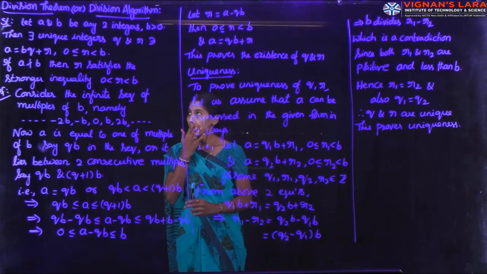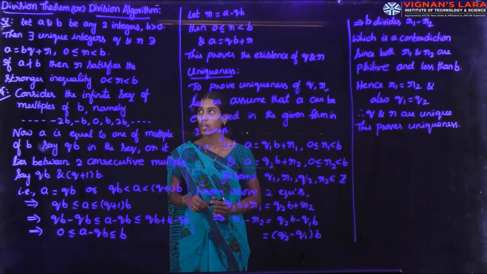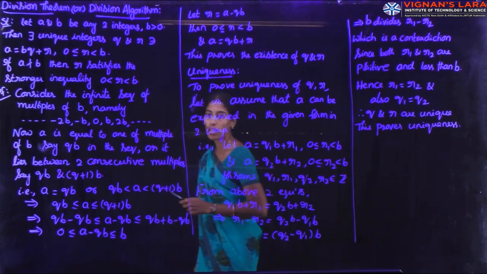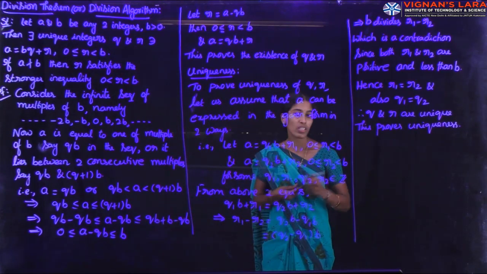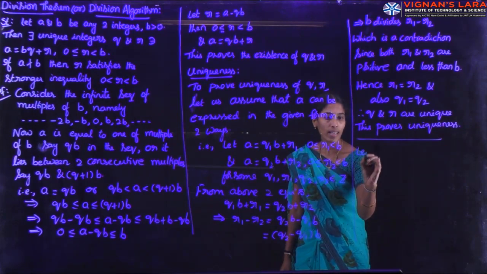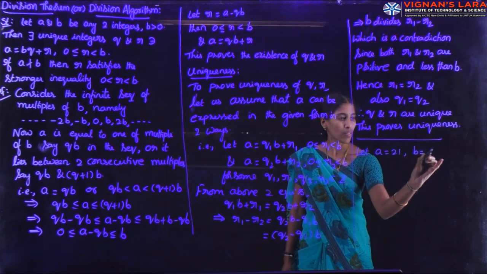Right? Previously, we discussed the definition of divisibility. Now we see the division theorem or division algorithm. What about this division theorem? So, let us take A is equal to 21, B is equal to 5.